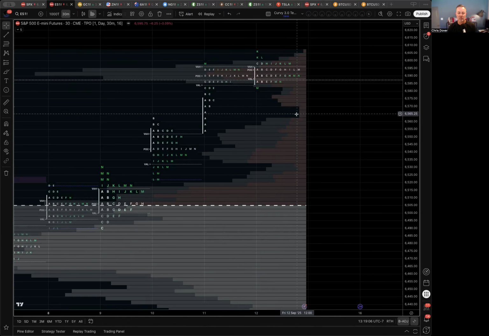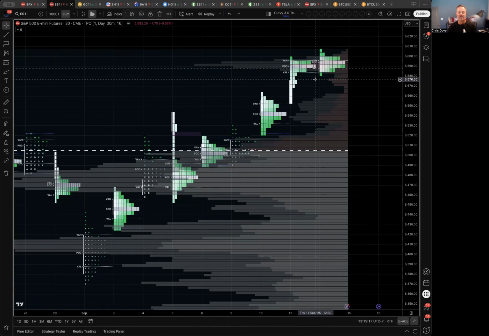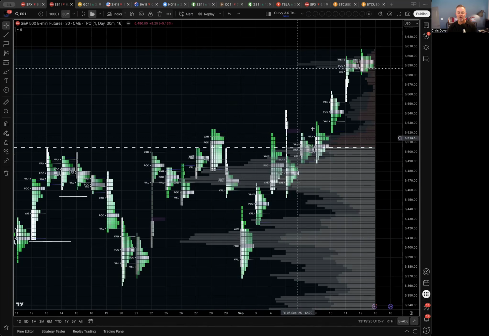You can also see where we have that low volume node right here, from 65.70 down to 65.60 or so. So there is a potential area, back to the idea that high volume is where price finds support. These low volume areas are prices where you tend to go back to.